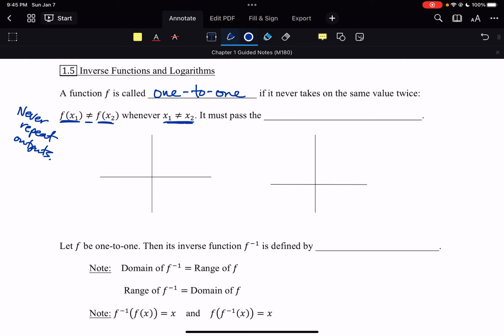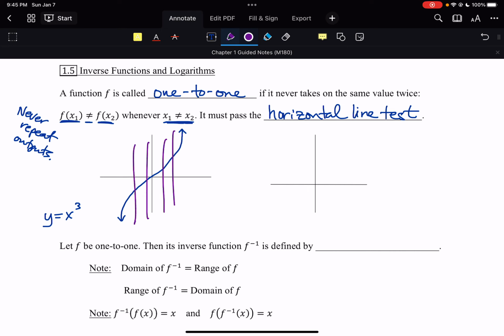And visually and graphically, it must pass what we call the horizontal line test. So just like the vertical line test, we can use the horizontal line test. So if we have a graph like y equals x cubed, for example, so a graph that looks kind of like this, we know this is a function because it passes the vertical line test, right?